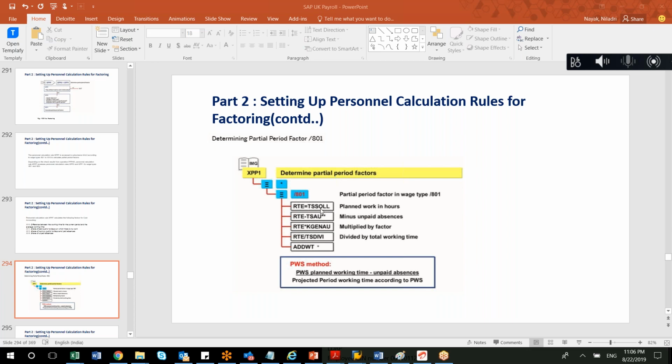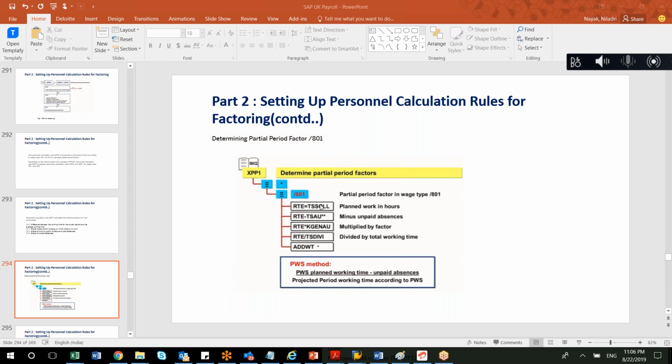In the second step, it is a kind of algorithm: whatever you defined in the first step, RTE, goes to the next step, RTE minus unpaid absences, which is TSAU star double star.